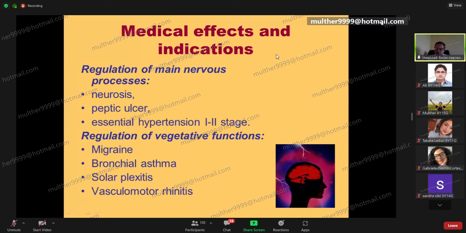We can stimulate by galvanization different vegetative functions for patients. It's important for patients with migraine, bronchial asthma, solar plexitis, vasomotor rhinitis. This current provides a stabilizing action on these functions.